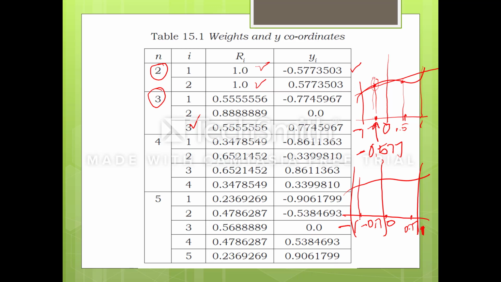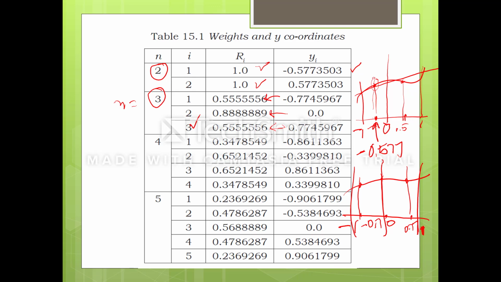So these 3 points we are again including in the solution procedure. This point will have a weightage of 0.555, and this point will have a weightage of 0.888. Like this, different weightages are assigned. It is prefixed whenever we take n equal to 3. In Gauss quadrature, these are the predefined weightages.